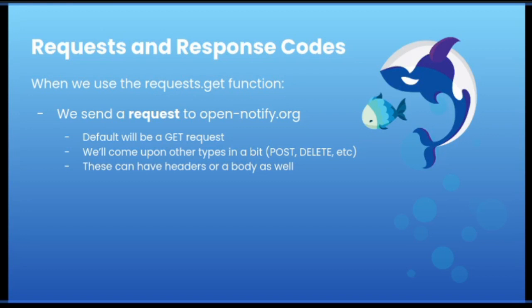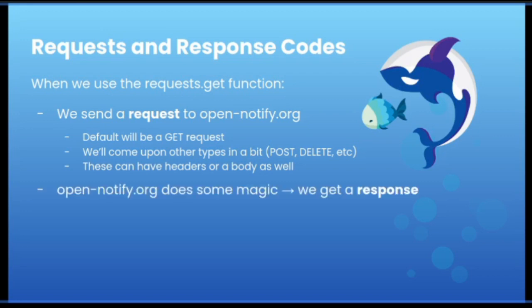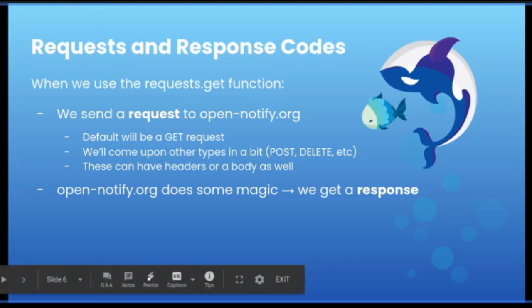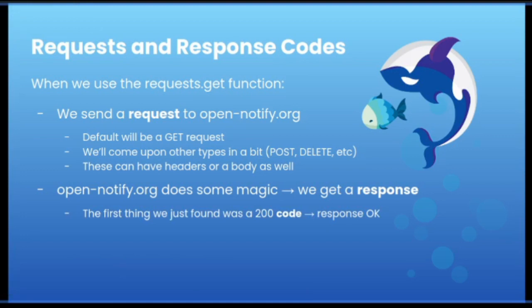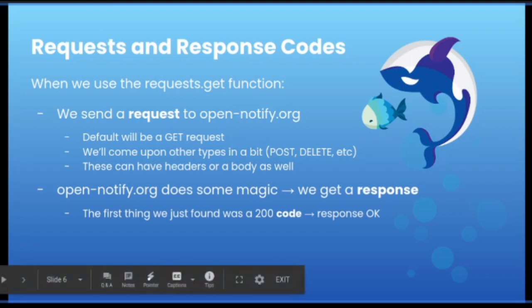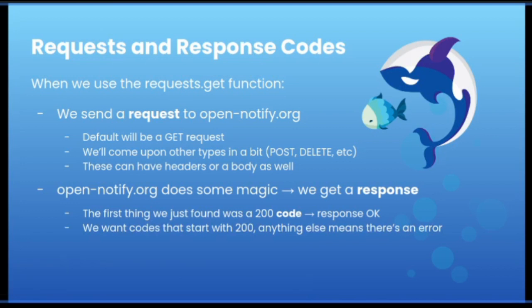So once we've gotten our information back with our headers and a request, which is just a default empty request with no body, it gets a response from opennotify.org. The first thing we just found was a 200 response code, which means that the response is all good and you have nothing to worry about. So we want codes that start with 200.